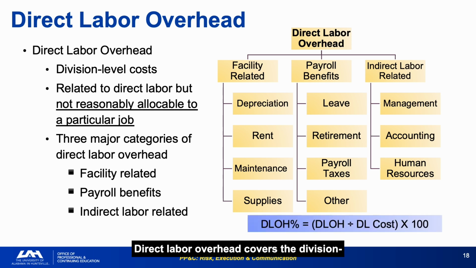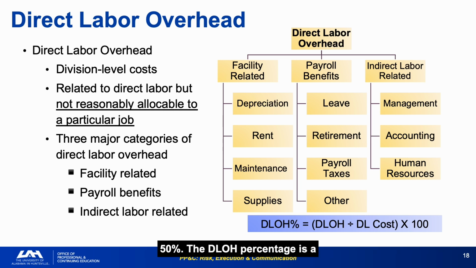Direct labor overhead covers the division-level costs related to direct labor that are not allocable to a specific job, such as facility costs, payroll benefits, and indirect labor, expressed as a percentage of direct labor cost. For prime contractors, DLOH can run as high as 100% of direct labor cost. For on-site NASA support contractors where facilities and IT are government-provided, it runs closer to 50%.